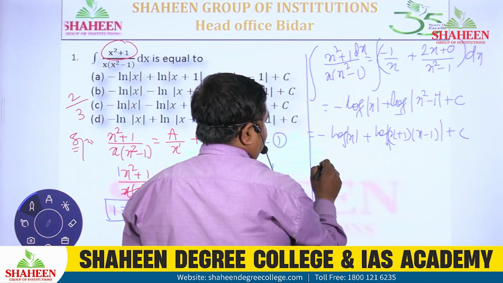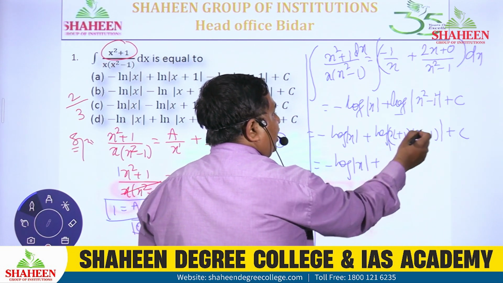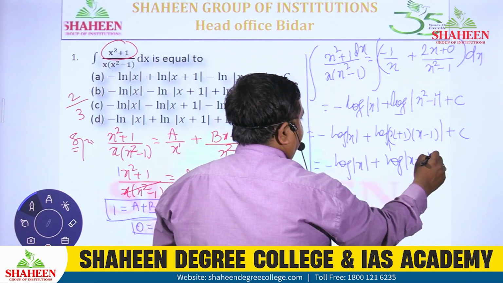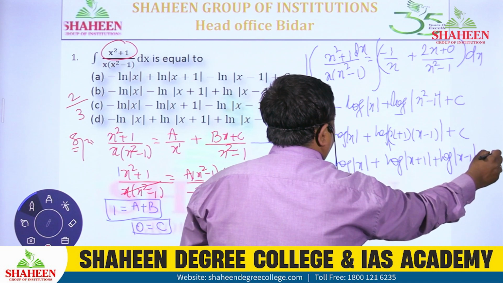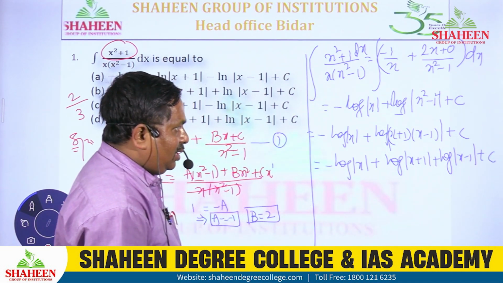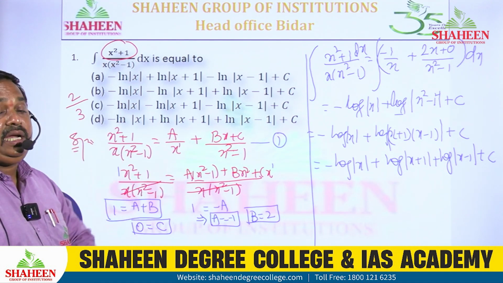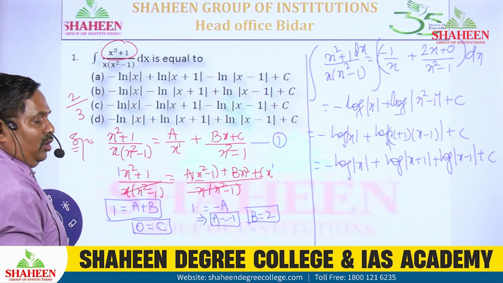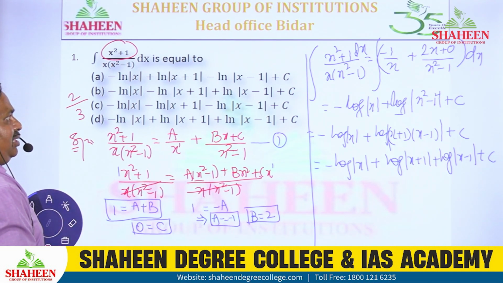So this is minus log x plus, log p into q is log p plus log q, that is log of x plus 1 plus log of x minus 1, plus c. Now we will check this in the given four options. Now we have three terms in the logarithm. Previously there were two logarithmic terms, then we have changed into 3 and are checking for this option.